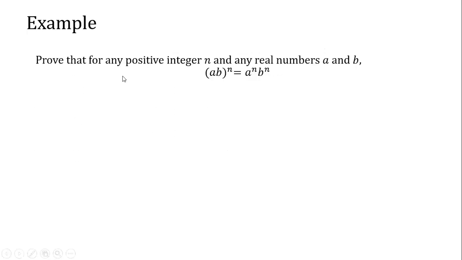Okay, so prove that for any positive integer n and any real numbers a and b, (ab) raised to n equals a raised to n, b raised to n. Okay, so again, verification muna tayo. Let n equals 1.